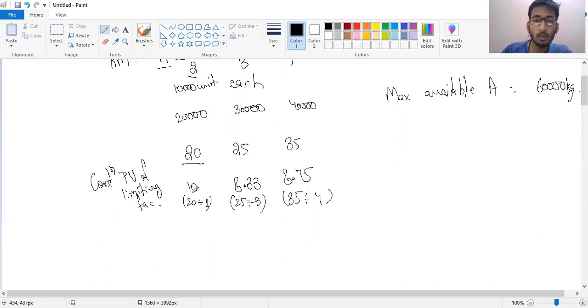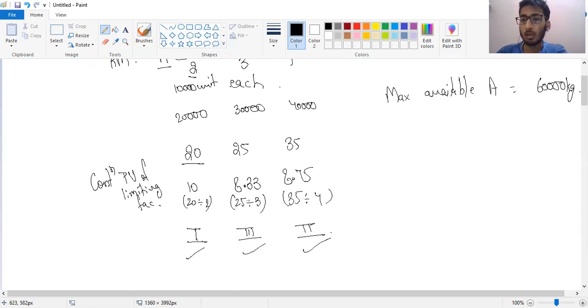You need to rank whether you should make X or Y or Z. So you are earning maximum contribution per unit of limiting factor by making A. Okay, so you should prioritize making A. Then at second point, it would be Z. Sorry, it is X. So you should first make X, then Z, and at third, you should make Y. So this is the ranking.